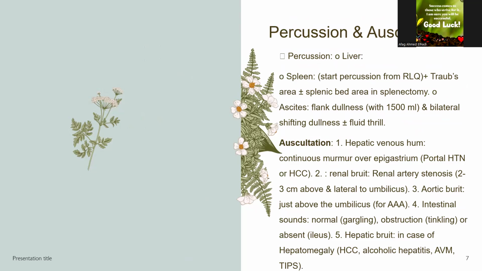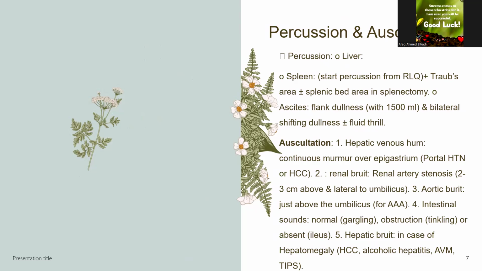And as I mentioned, the percussion for the spleen and liver, we do it straight away during our palpation. If the patient has organomegaly, we check for percussion straight away. But in addition to percussing the organomegaly, we need to percuss for shifting dullness.